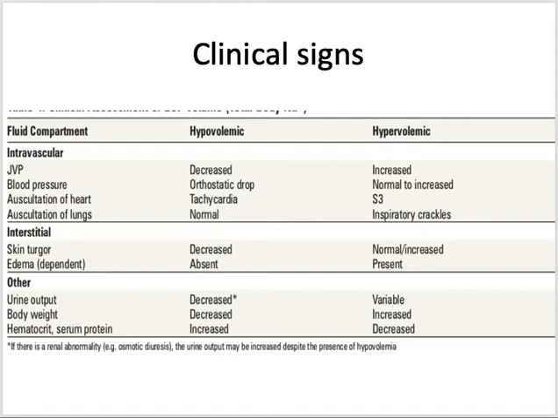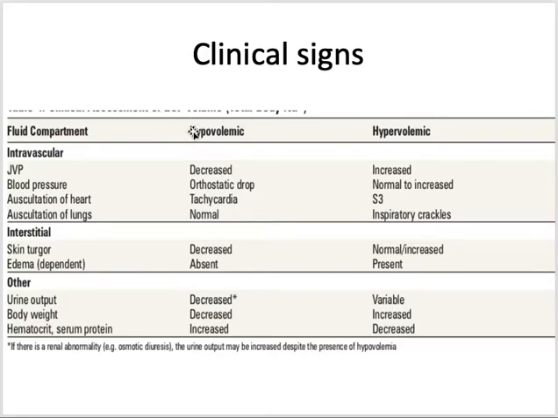These are the clinical signs which we can observe during physical examination, what we see in the patient in the hospitals. For example, someone who is hypovolemic. Hypovolemic means what? They lose a lot of volume of water.